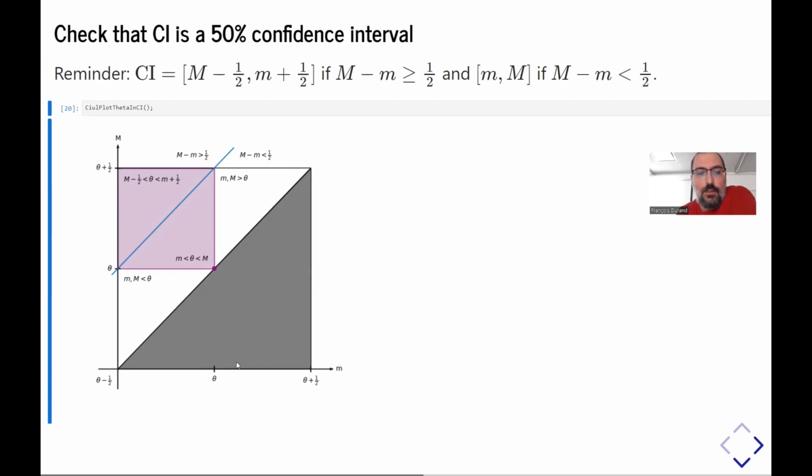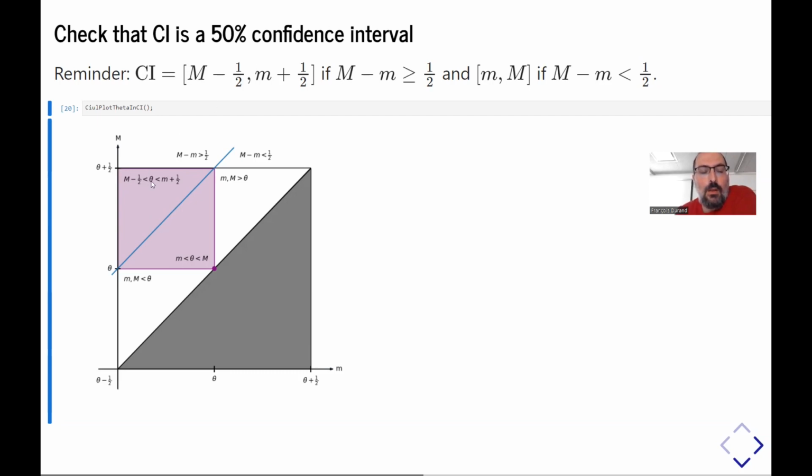There's a forbidden region here in gray because we know that big M is greater than small m. And there's an interesting limit here, which is whether big M minus small m is greater or lower than 1/2. In the first region, the confidence interval is big M minus 1/2, little m plus 1/2.